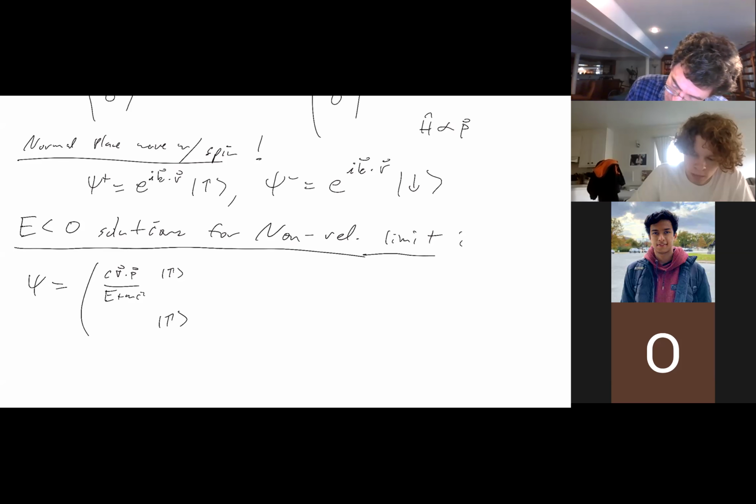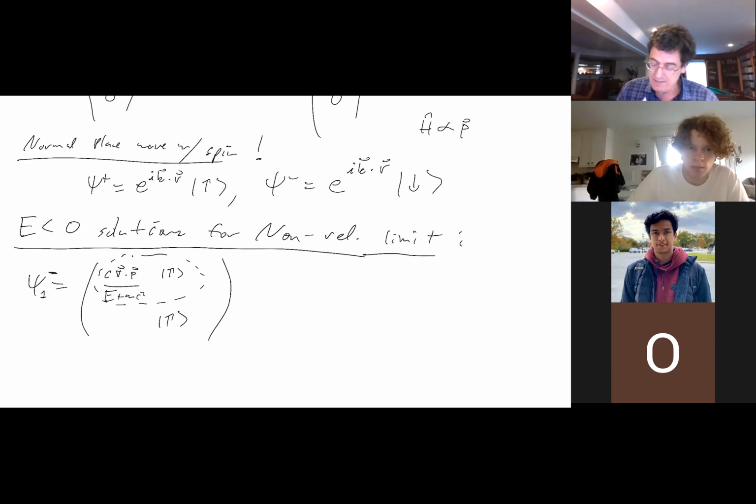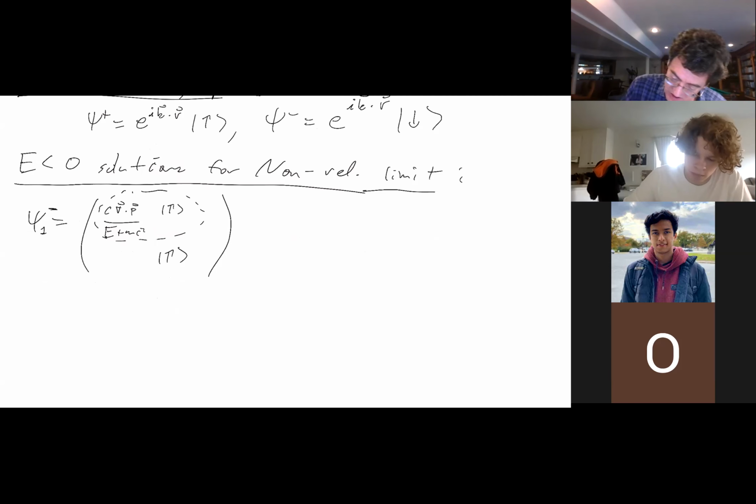I'll have this part on the top. When I go through all the arguments, my first negative energy solution is going to be a four vector times the plane wave.